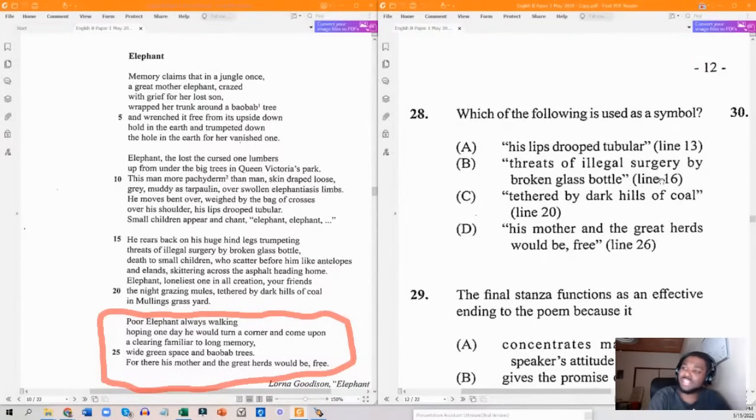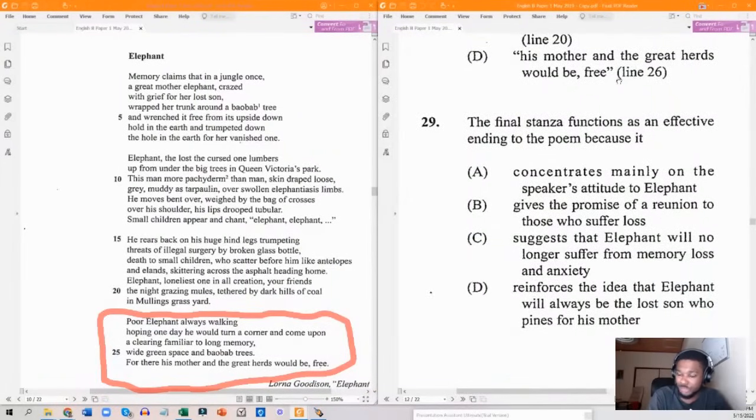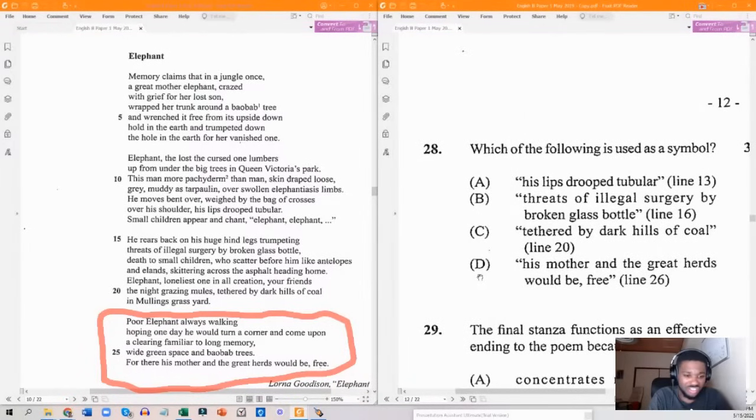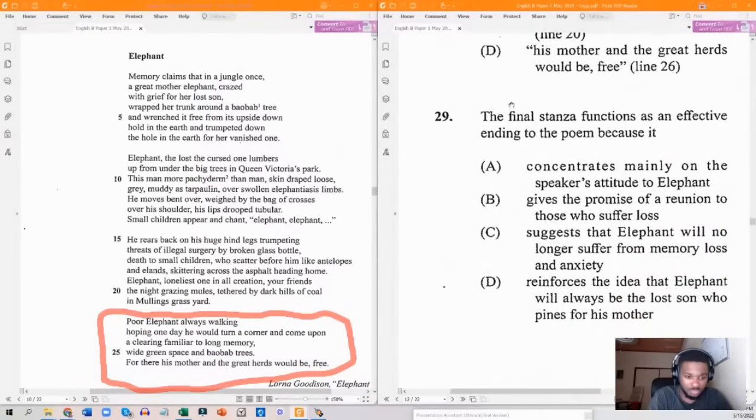Well, I don't think the broken glass here would refer to the man because he's threatening to hurt the children with the broken glass bottle. So it would be a bit of a stretch. It's not impossible to interpret it in that way, but D is just such a clear answer that you would have to choose D in the exam.